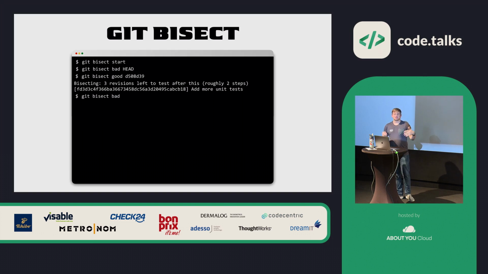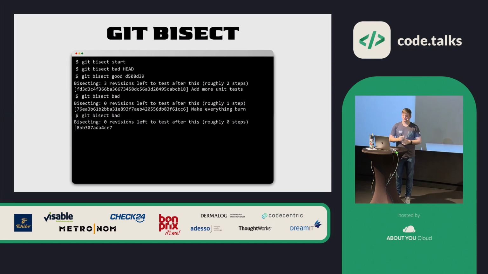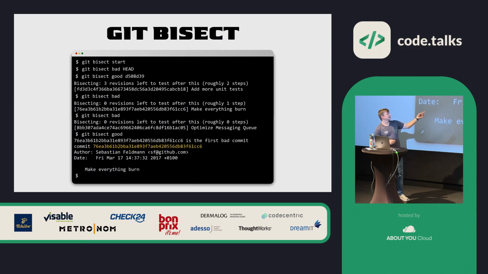Then you test, and you say, no, this one is still bad. Git runs again and presents you another commit. It says roughly 1 step. Now you say, oh no, this is still bad. And then it says, okay, now we should have found it. Please test the last one. And you say, no, this is good. And then it comes up with the commit that made everything burn. So that's quite handy.